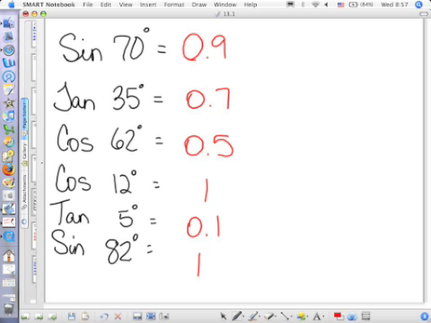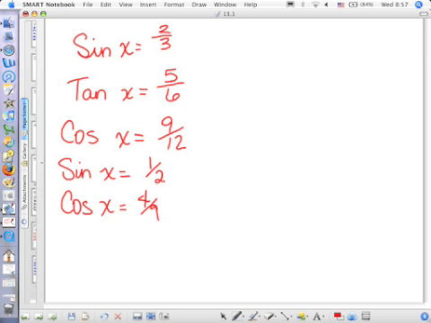Wait, why is it tan 5? I get like 0.08. Round to the nearest tenth. If I'm rounding to the nearest tenth, I look at the number right next to it, and I round up to 0.1. Okay? It's all right.